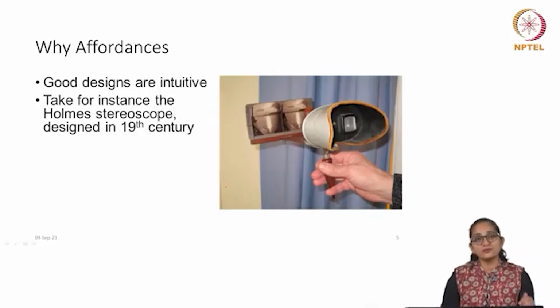But this is the beauty of affordances, because they cater to natural human instincts, and human instincts do not suddenly change in 2 years. That is why, just by looking at the product, we are able to understand how to use it.